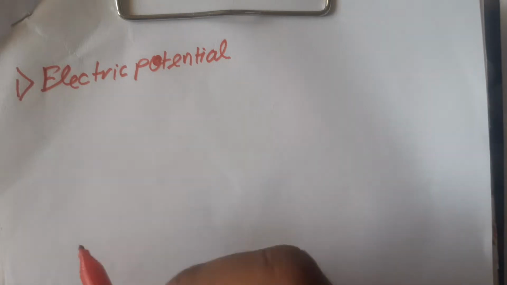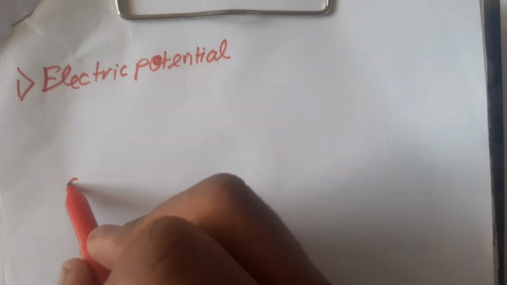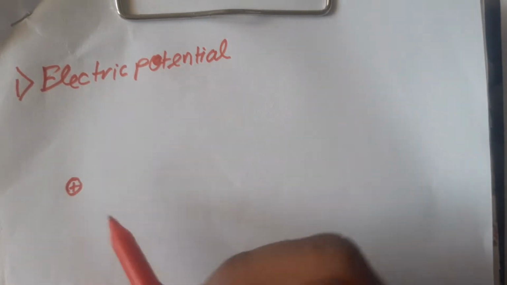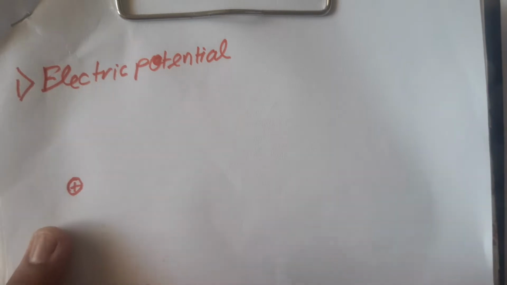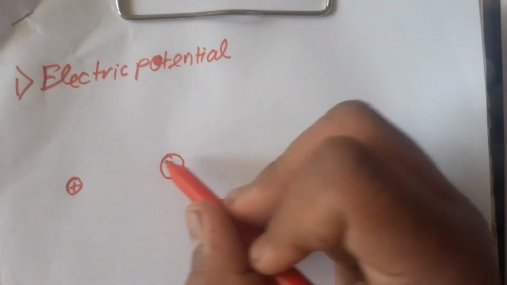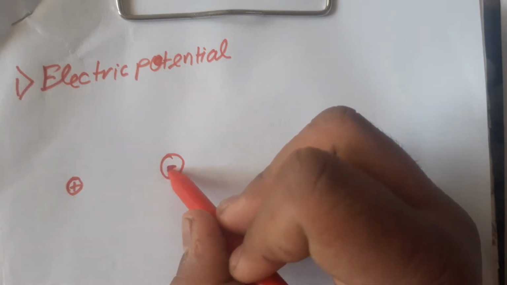So, a very small electric charge, a positive electric charge, you can also call this a test charge because it is used for testing purposes. The test charge is kept in an electric field, in any electric field for that matter, and there is one more charge, a negative charge, for instance.